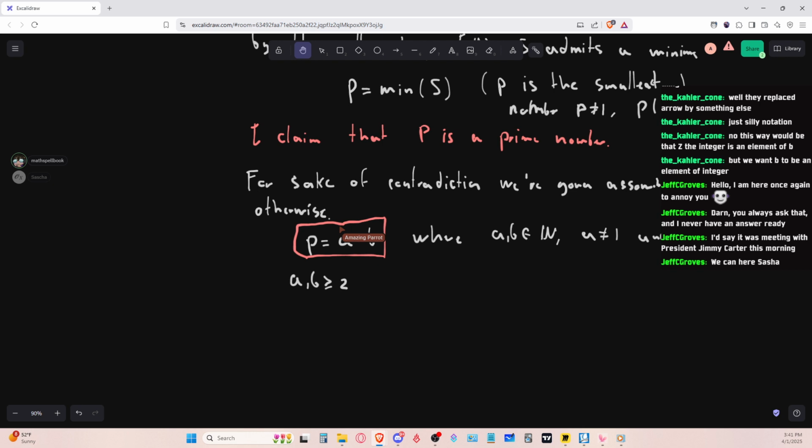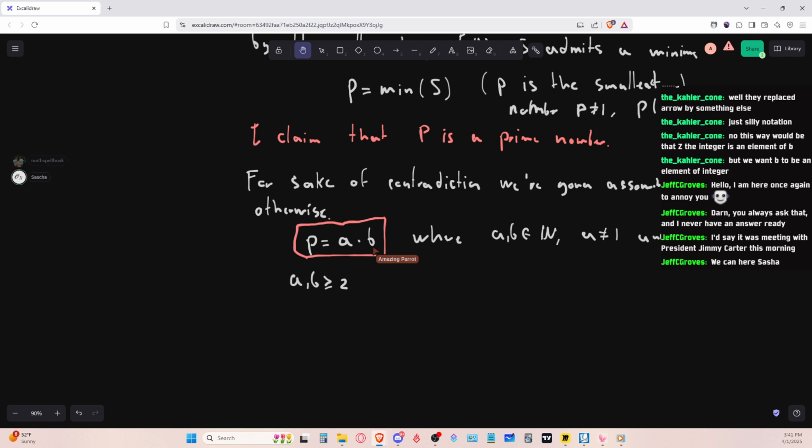We don't know yet that p is prime, but we are arguing that it is, by contradiction, so we assume that p is not prime. It is the negation: p can be written as a product of two numbers which are not the trivial ones.